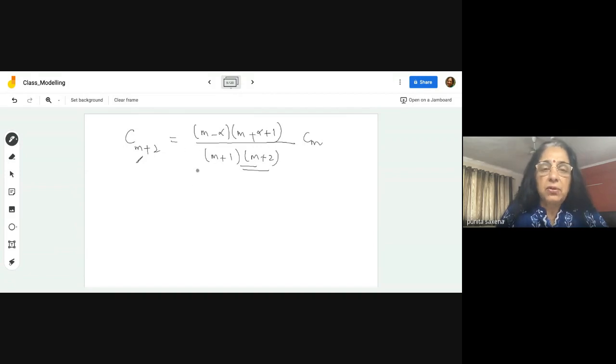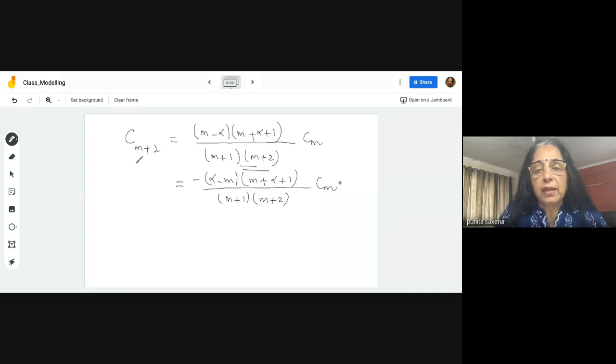If I put m equal to 0, it's going to be minus alpha. When I put m equal to 1, it's going to be 1 minus alpha. So what some authors do is they can write it like this. It is not going to change anything, but it's going to give uniformity to the coefficients when we find them later on. Nothing else.